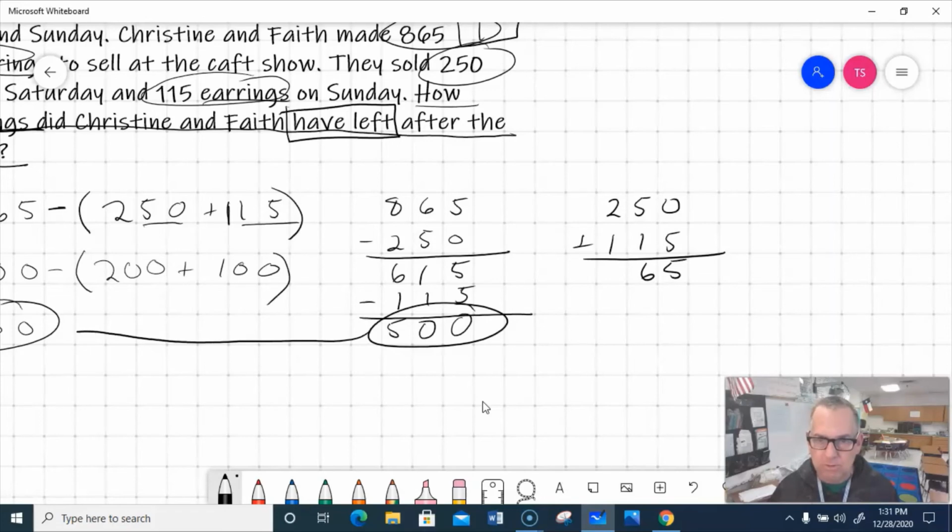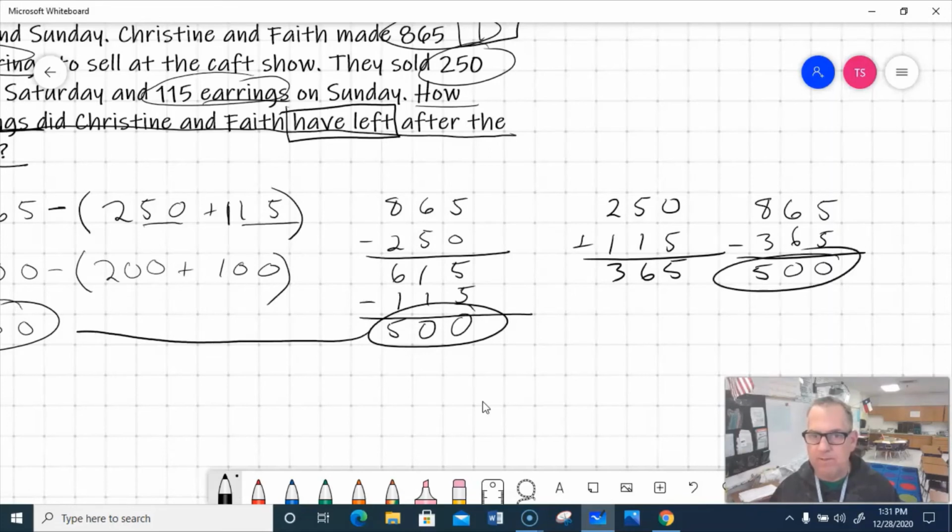And then 2 plus 1 is 3. So 365 that they sold on Saturday and Sunday. And to subtract that from the total that they made, which was 865. So 365. 5 from 5 is 0. 6 from 6 is 0. And then 3 from 8 is 5.